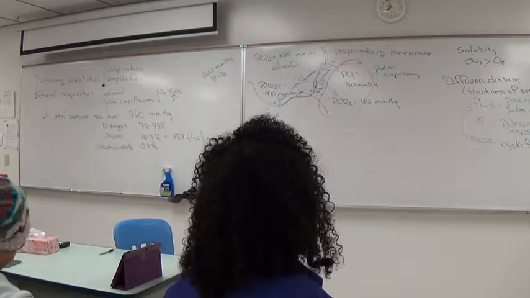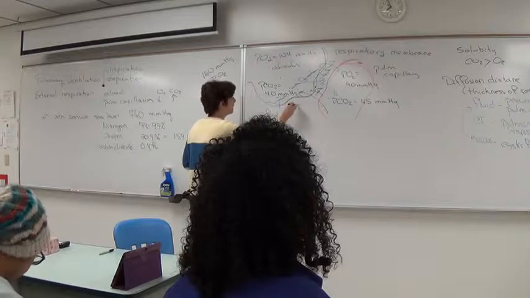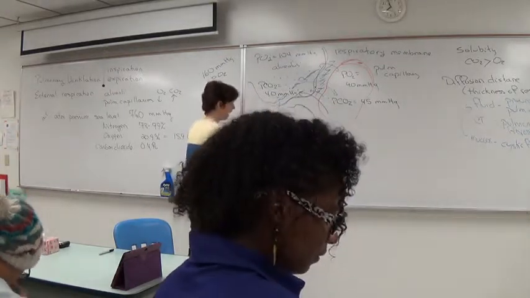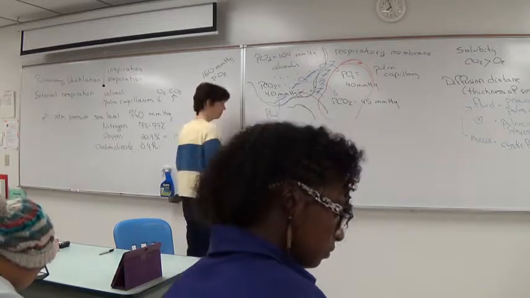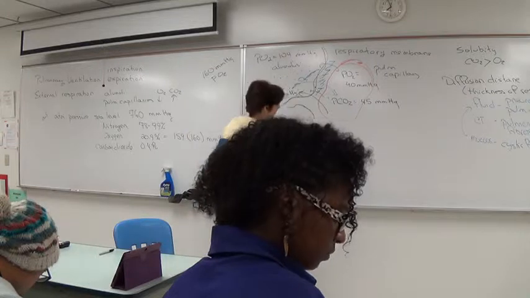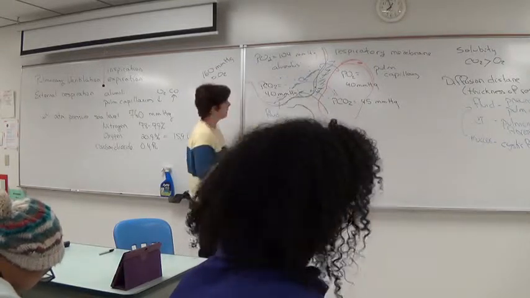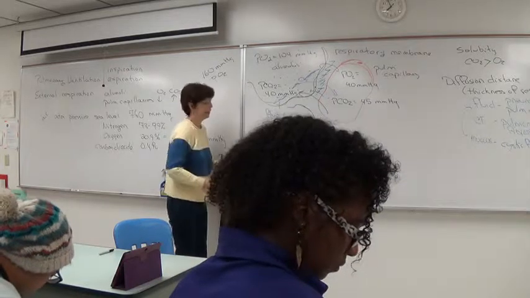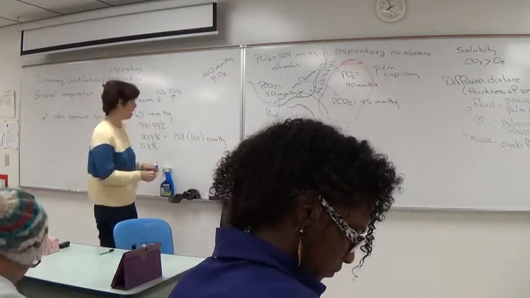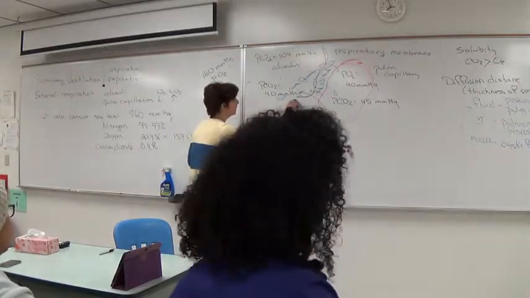So this is the number. Let's say that we have another alveolus over here, it has a capillary. But then because of damage to the alveolar walls, the most common cause of which is emphysema, we lose alveolar walls.